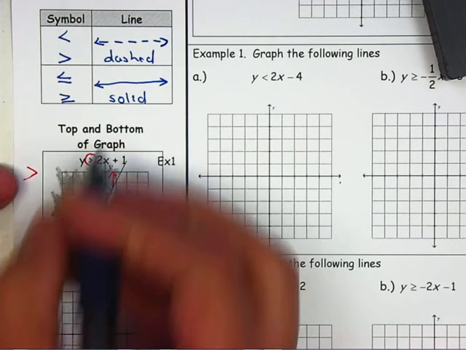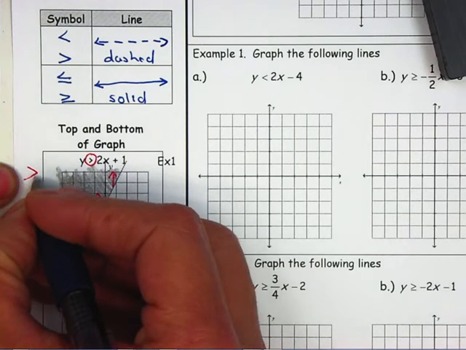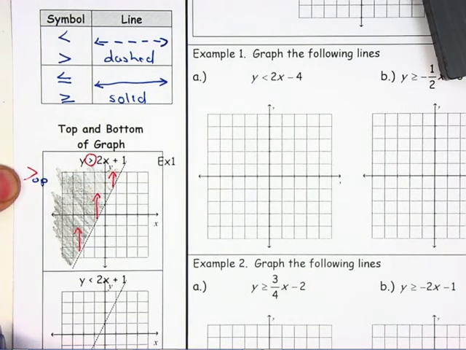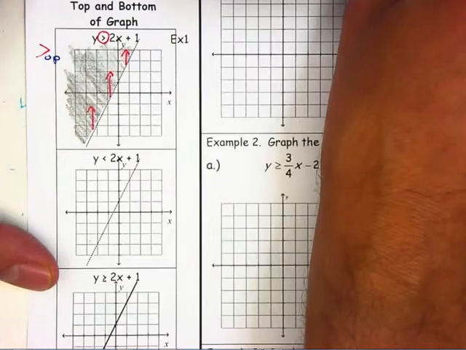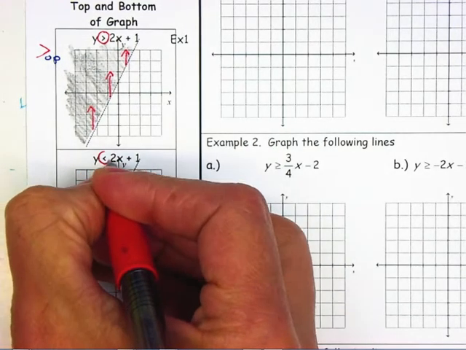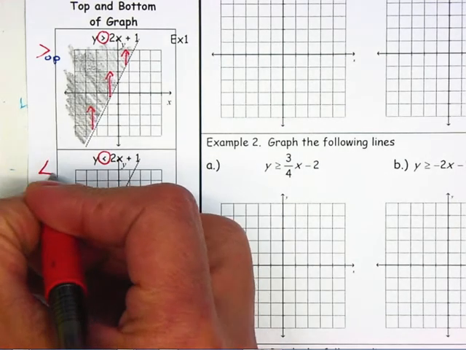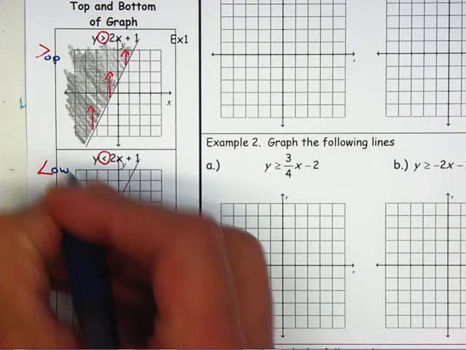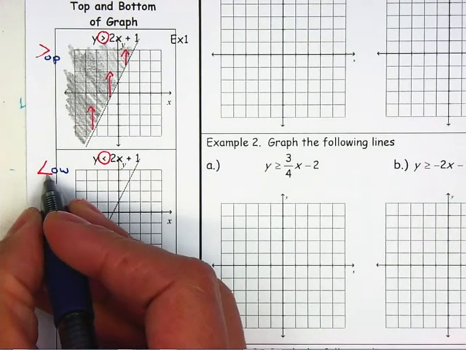The way I remember, if it's greater than, this can be like a T, so I'm going to shade the top section. On the next one, if it's less than, we are going to shade the low side. Notice that's an L: less than, low side.